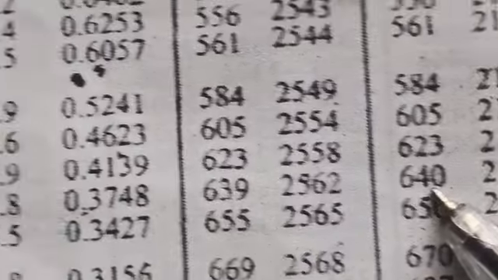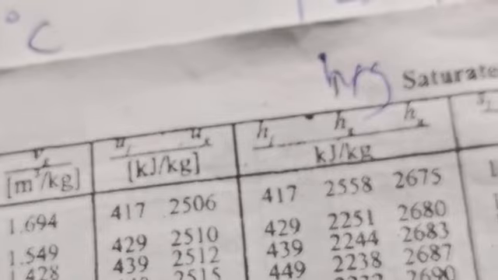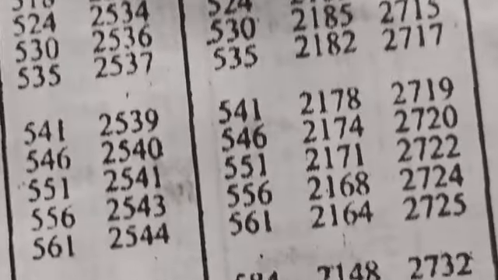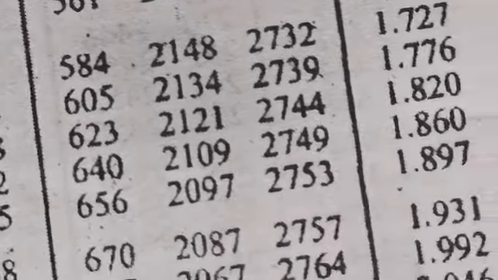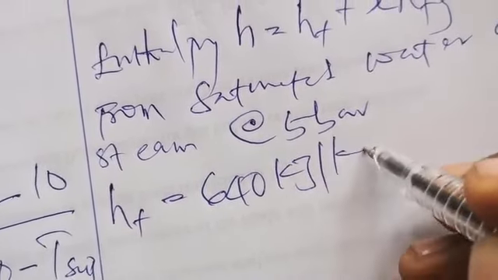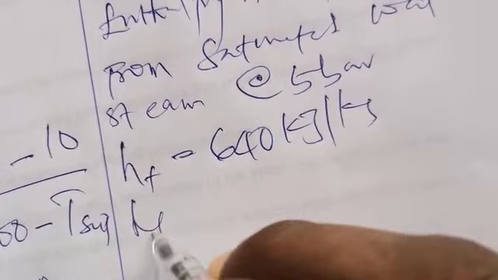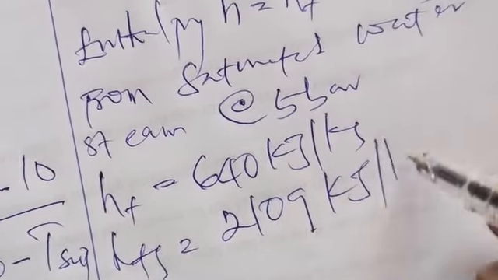The value is simply 640. Yep. Okay, so hf is 640 and hfg is the middle one, 2109. So hf is 640 kilojoules per kilogram, and hfg is 2109 kilojoules per kilogram.